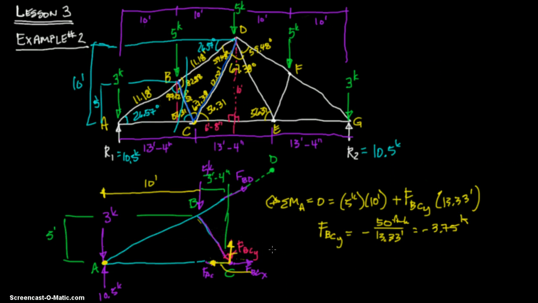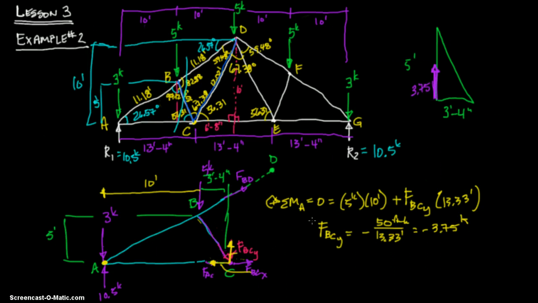So if we think about it, I'll come up here real quick, we have a triangle that looks like this, and this is 5 foot, and this is 3 foot 4 inches. When we're thinking about similar triangles, we know FBCY equals 3.75.